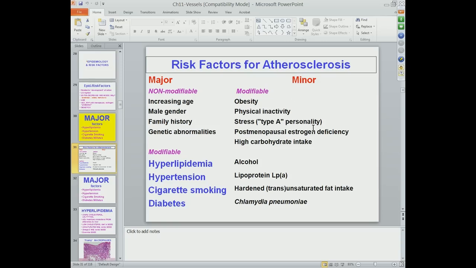The so-called stressed or type A personality, I don't know, I guess that can be treated somehow. Estrogen withdrawal can be postponed, okay? High carbohydrate intake can be modified by diet. And we know that alcohol is a minor risk factor.